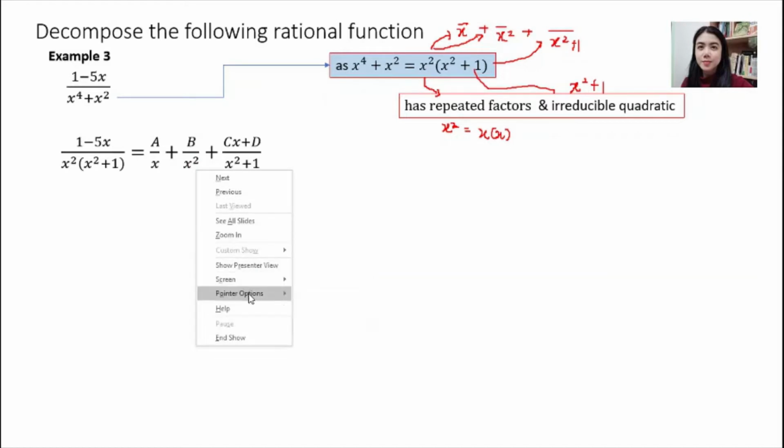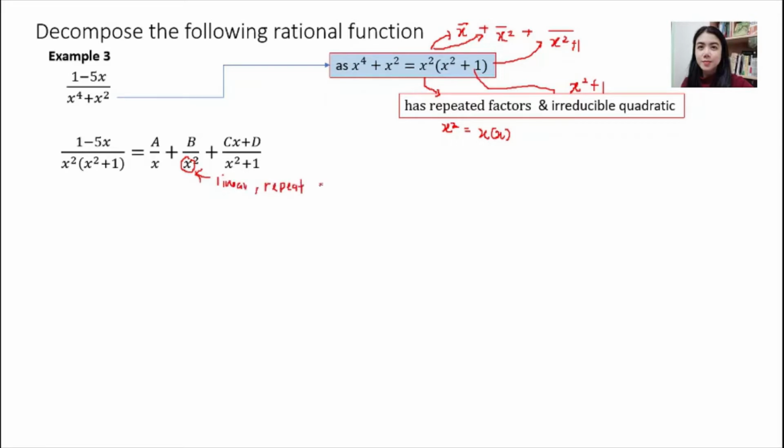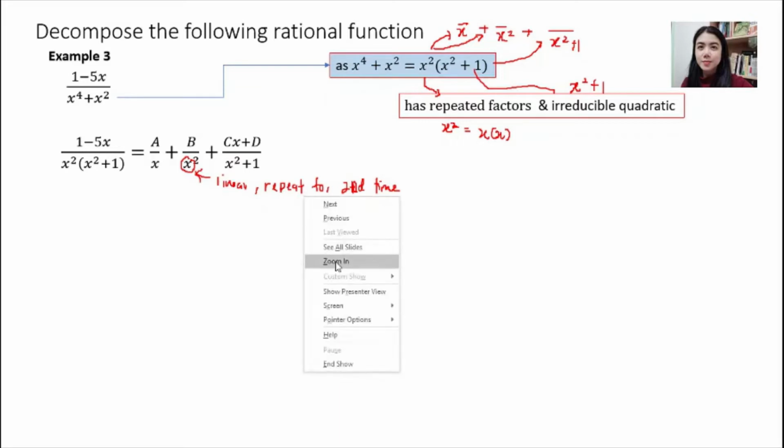That linear is repeated for the second time. So at the top we put this one as a constant.